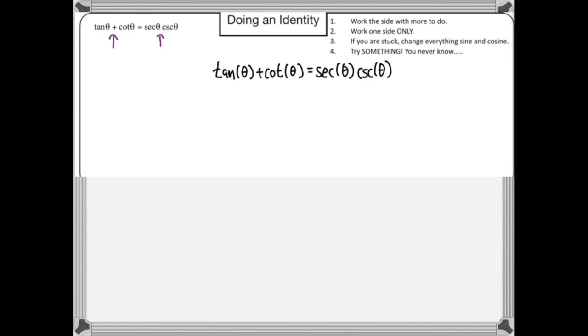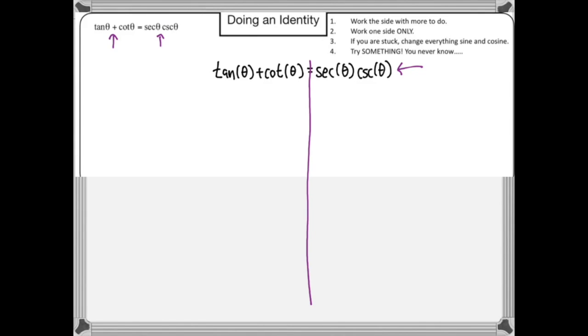First things first, oftentimes when we have addition or subtraction on one side and multiplication on the other, the addition and subtraction side might be the side that you want to pick, because if we get common denominators, we'll have some other stuff going on with it, and it could unfold a lot nicer than maybe this side.